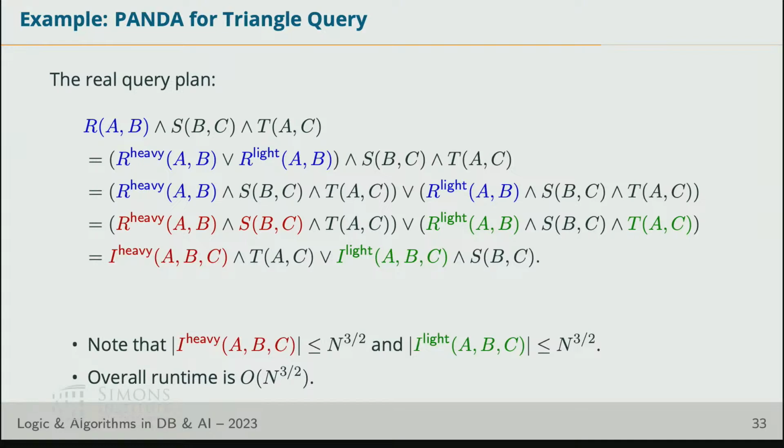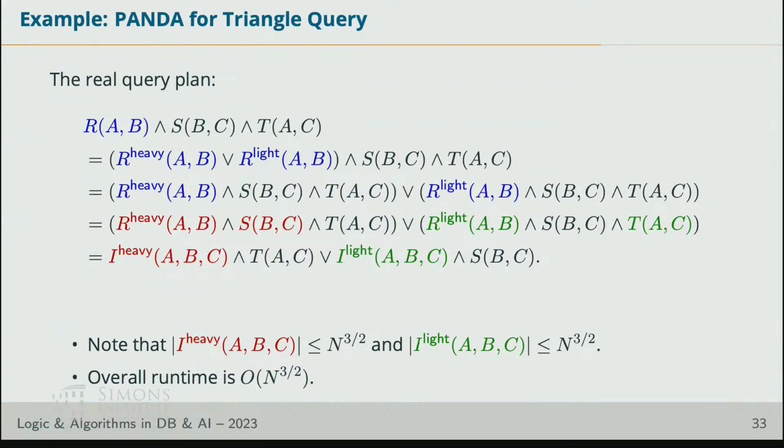The beauty of this is that you can show that the size of the heavy side is less than n to the 3/2, and similarly the size of the light side is also less than n to the 3/2. That's precisely because of the way we defined heavy and light. For heavy, it was all of the A's for which the degree was more than root n.